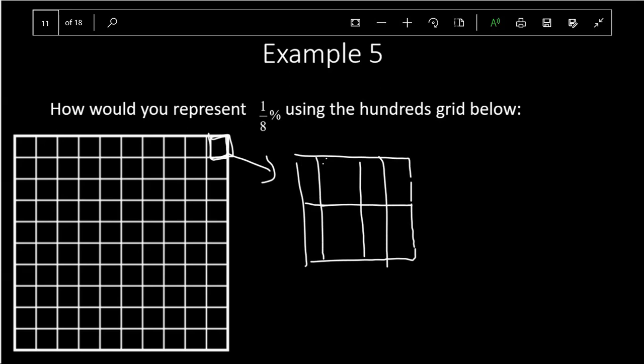And since we need to shade in 1/8, we're just going to take one of our boxes, because now we have 8 boxes, and just shade it in. And that's it, 1/8. And again, that's just inside of this one little box that we've blown up.